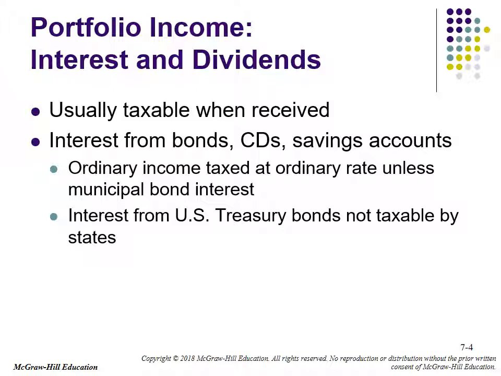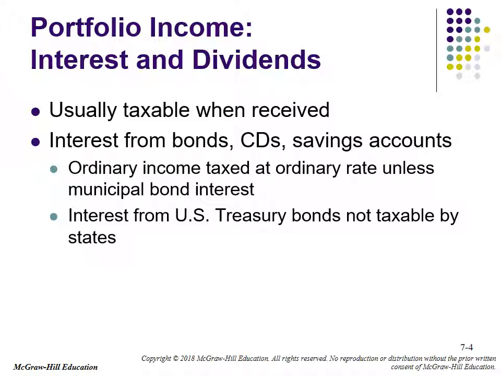Certificates of deposits, which are amounts we put into the bank and have it restricted for a certain time period. If you leave the money in for that time period, you get the interest. If you take it out early, you're usually forfeit and penalized the interest. And savings accounts. So these are your normal investment vehicles for earning interest.